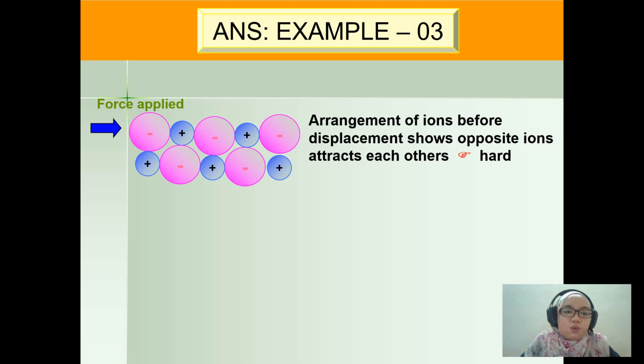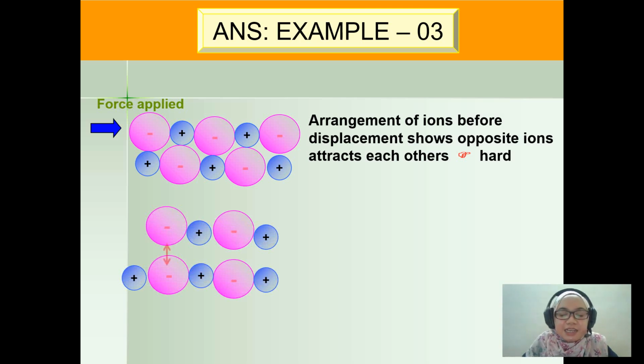However, when some forces are applied, ada displacement, jadi kita terketuk sikit. It disrupts the arrangement of the ions. Tadi dia dah arrange nicely, the cation attracts the anion, but now when some forces are applied, dah displace some of the ions dekat tepi sikit.